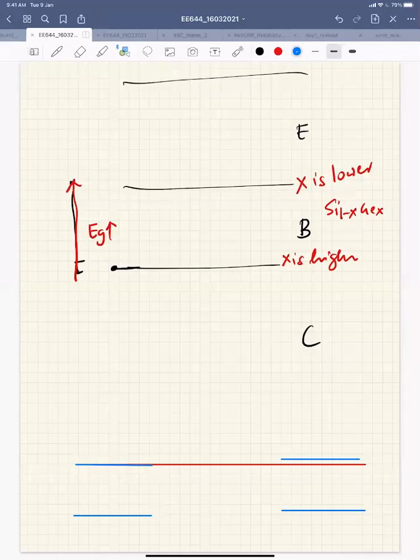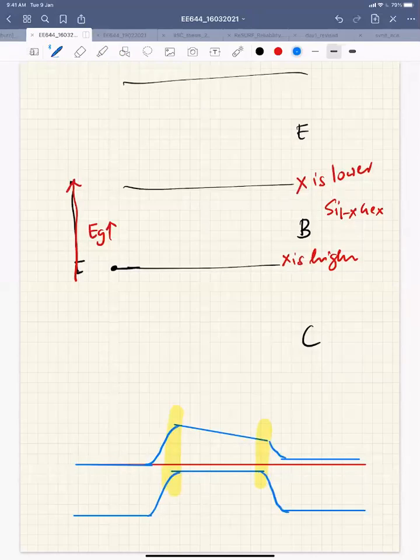But my base has a graded doping, so I'll have a base something like this, a slope like this, because here my germanium concentration is high and here my germanium concentration is low. So I'm going from higher band gap to lower band gap. That is very easy to do during deposition, I can control my germanium concentration.